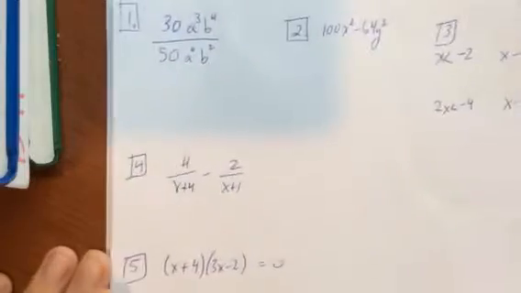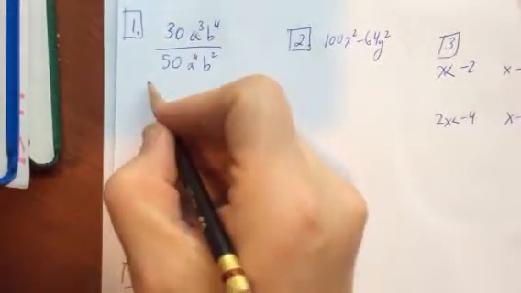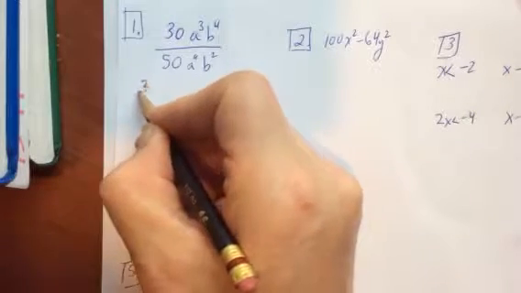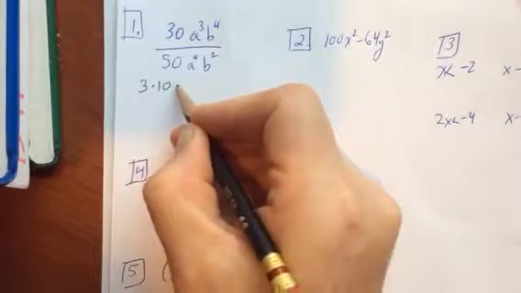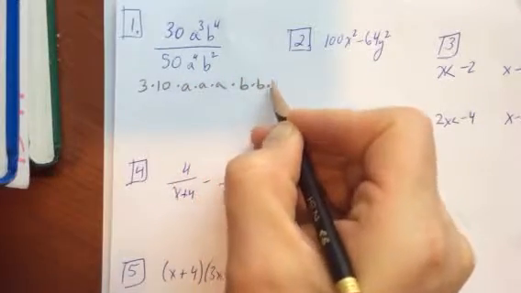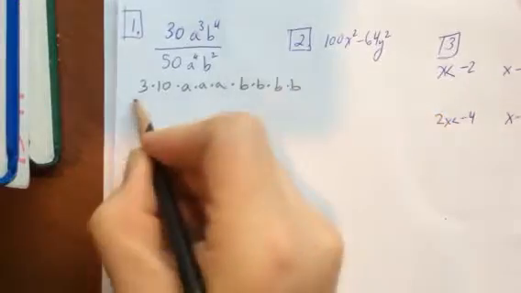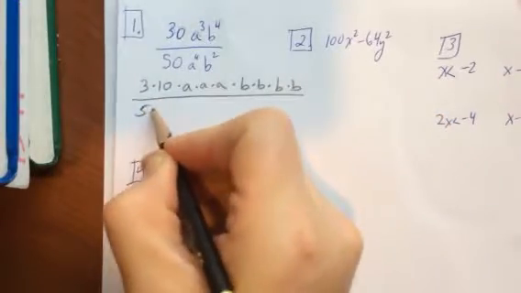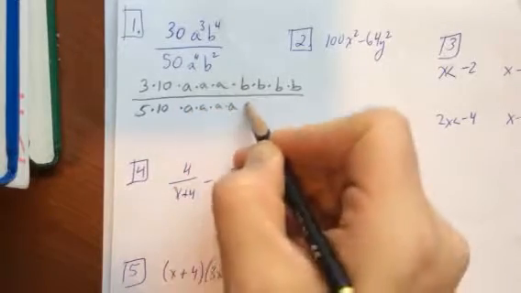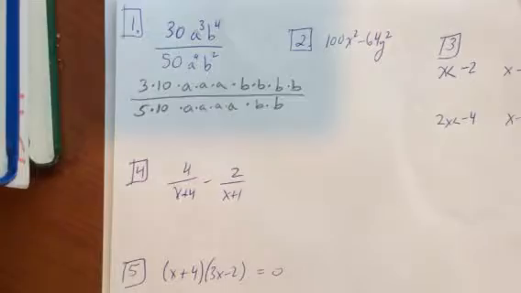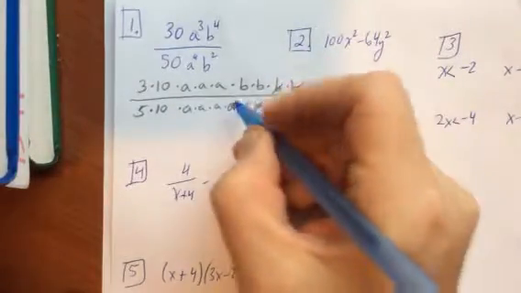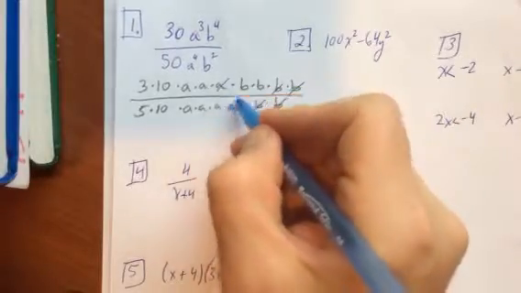So if we go back to our problem, we can do a little bit of this kind of expanding and canceling. So 3 times 10 times a times a times a, divided by 5 times 10, and then we can cancel out any factors that match in the numerator and the denominator, because everything is being multiplied together.